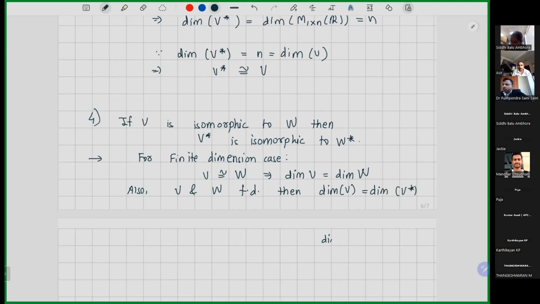Similarly, dimension of W is equal to dimension of W star.